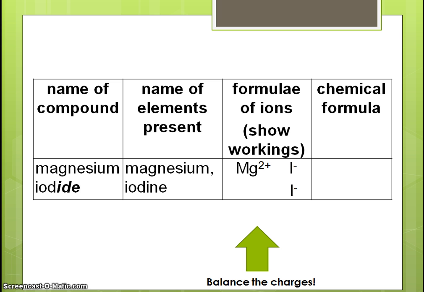In order to balance the charge on the magnesium ion with a charge of 2+, we will require 2 iodide ions with the charge of 1- to balance the charges. Hence, the compound magnesium iodide will have 1 magnesium ion and 2 iodide ions. The chemical formula for the compound is hence MgI2.